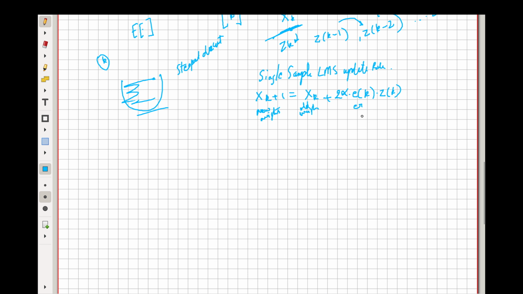So this is the error, this is the input, and you remember the input will have the one for the bias as well.